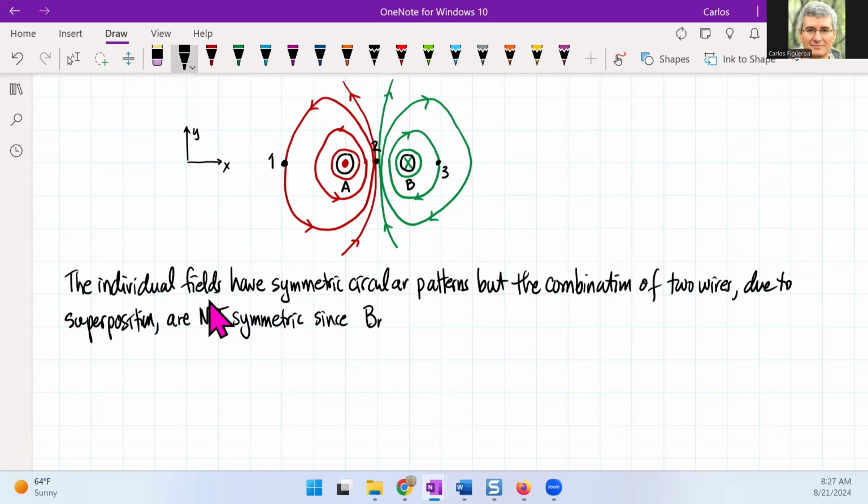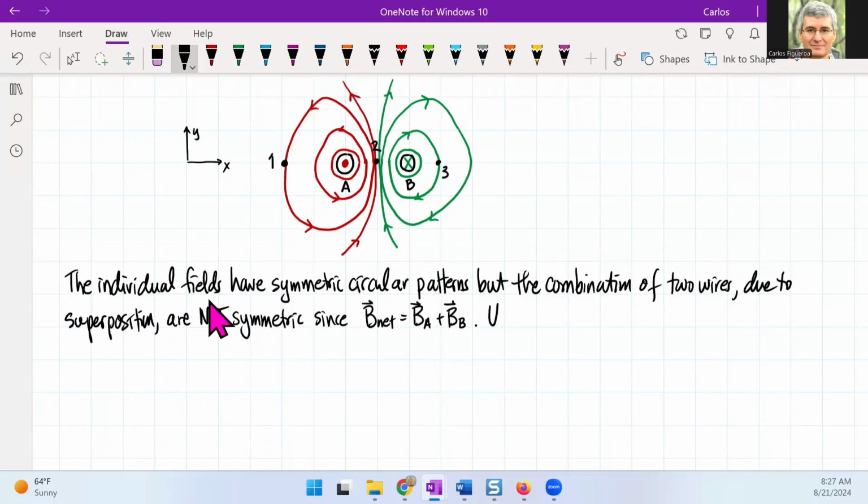Since we expect the net field to be a combination of these two magnetic fields. So there's going to be partial cancellation because of one of the fields being opposite. To calculate the magnetic field at points 1 and 2, we're going to have to use superposition to do that at points 1, 2, and 3.